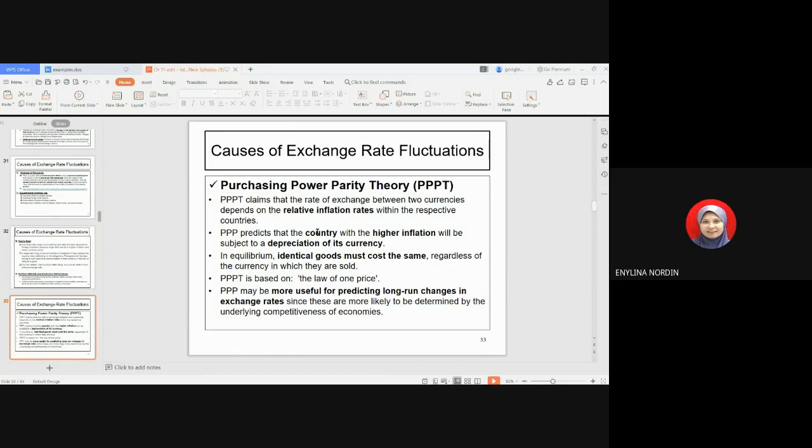This is the idea that the exchange rate adjusts to keep purchasing power constant among currencies. So it implies that the exchange rate between two currencies depends on the relative inflation rates within those countries.